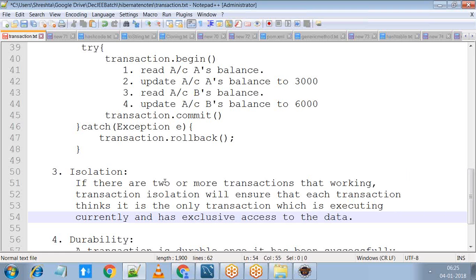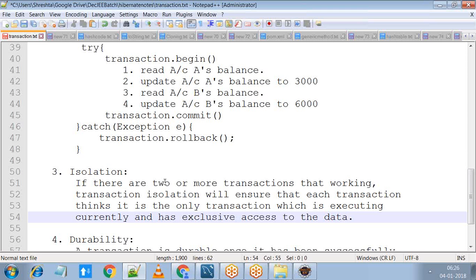So this is one of the most important ACID properties, isolation. There is every possibility, and in fact, sometimes it is common, that transactions execute on the same data set.